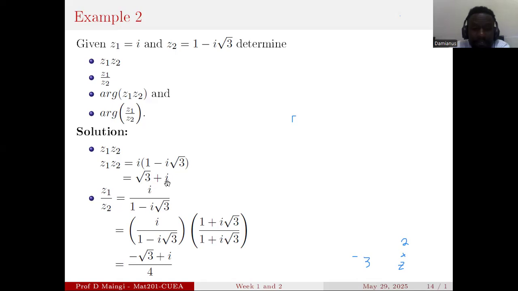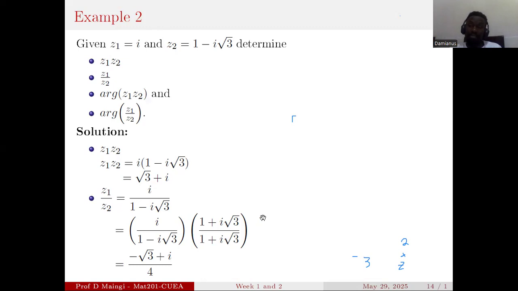I hope that's clear. These are in rectangular form, so we can convert them into polar form, or we can just multiply and express the result in polar form and read off the argument and so on. So z1 times z2 is finished.